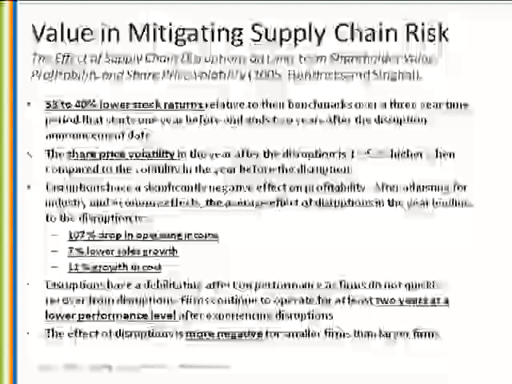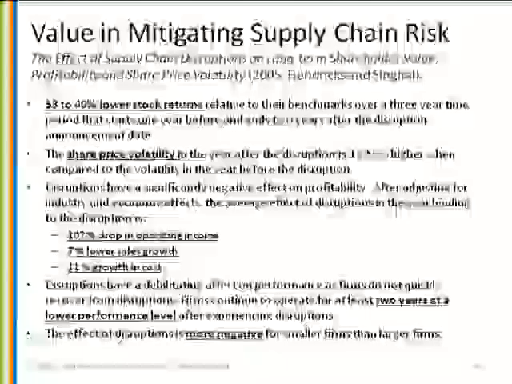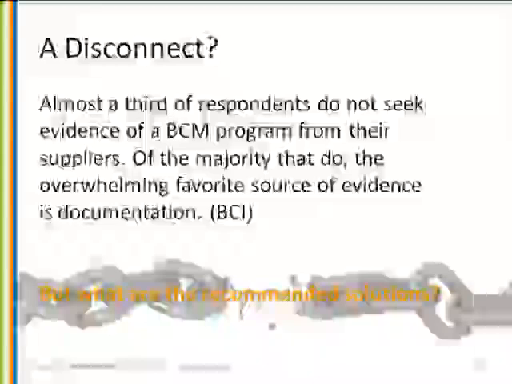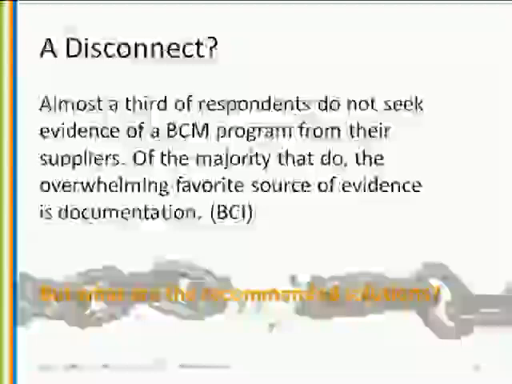So there is definite value in mitigating supply chain risk, and it's a win-win when buyers and suppliers work together to tackle this. Next slide, please. So the disconnect: we spent a few minutes framing the issue. Disruptions are commonplace, and there are numerous events causing disruption today.